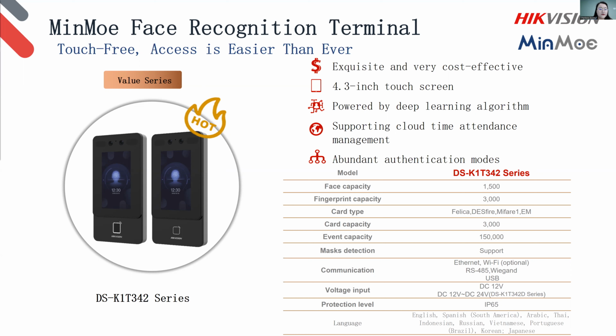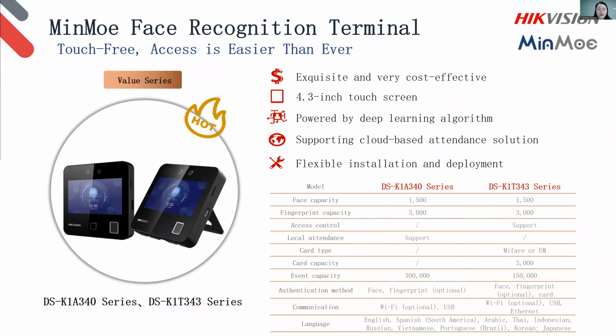This one is the Eco series with time attendance function, so if you want to use a low unit to support, then we can choose the 342. We also have the A340 and the T343. This one is much cheaper and cost effective. It's a small one that also has the basic functions that you can choose as a small company.